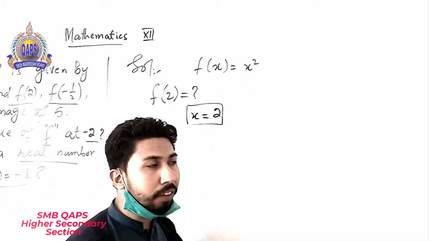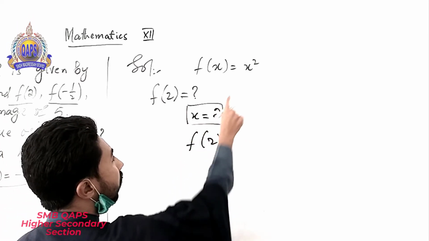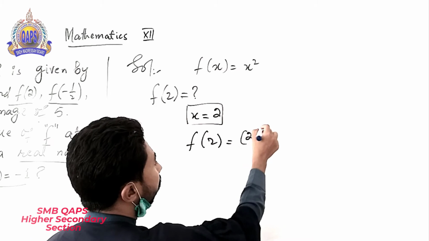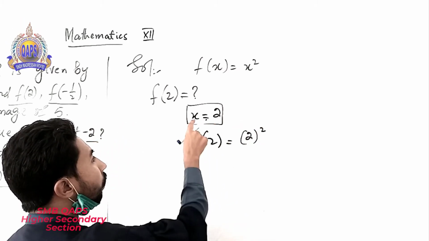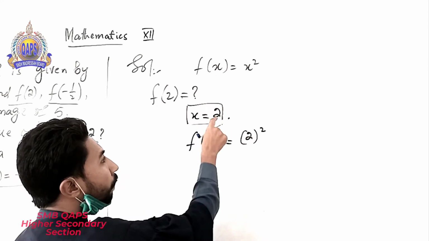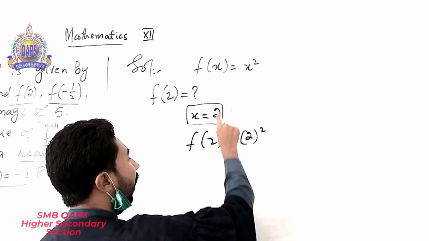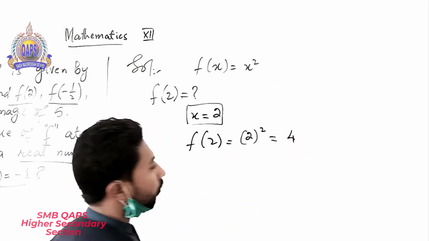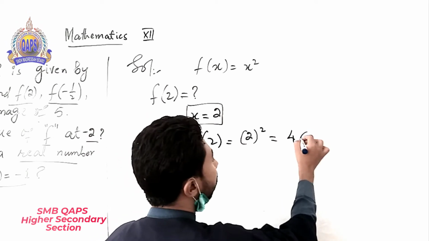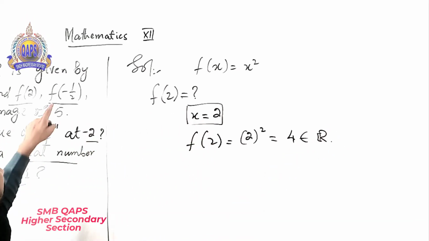So f of 2 is equal to 2 squared, because we put the value 2 in the place of x. Then the outcome is 4, and it belongs to the real numbers.